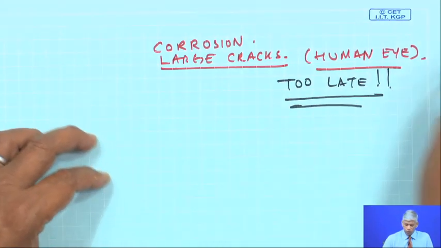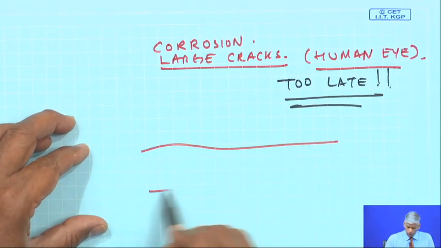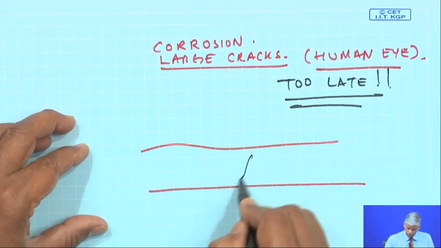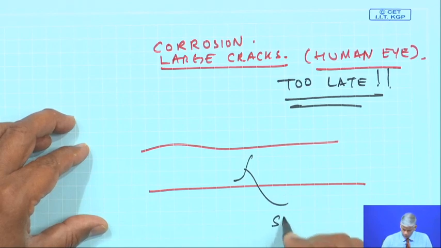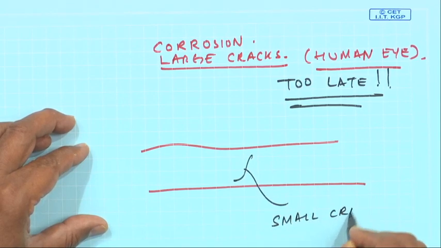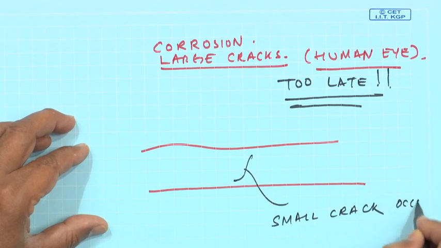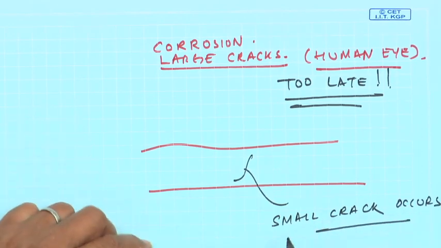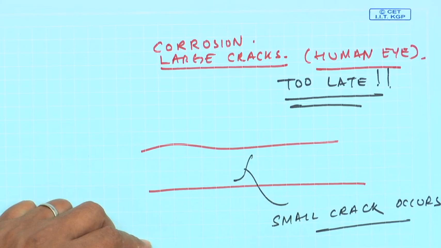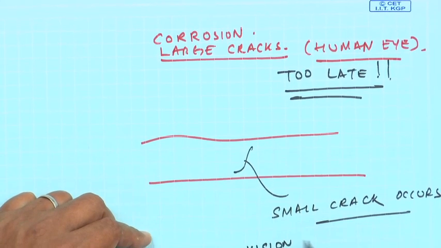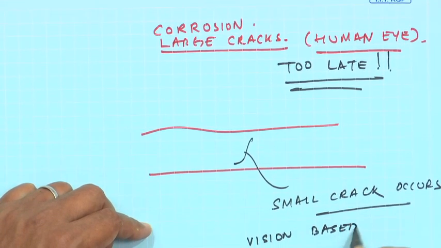When a very small crack occurs on the surface, vision based systems can be used. Vision based systems could be camera based, because with our naked eye we cannot see such micro cracks.